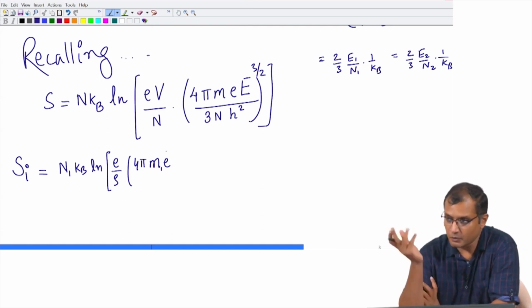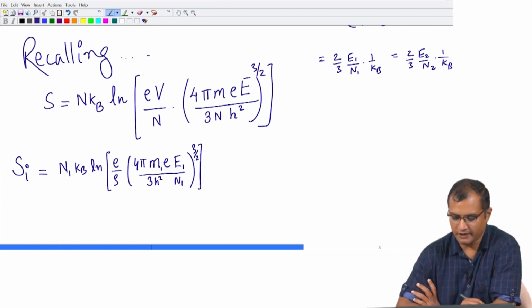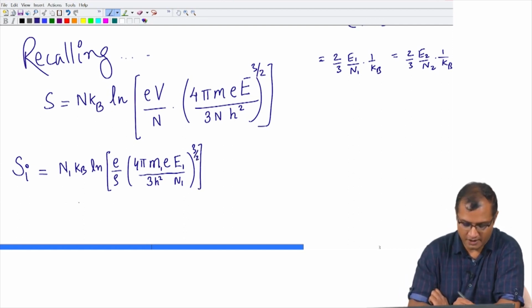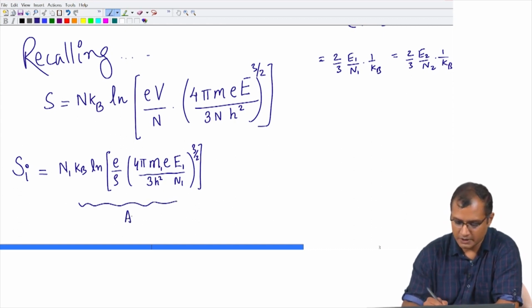I am going to take m1 for both of them. Fine. This is for just A type, for just one compartment.